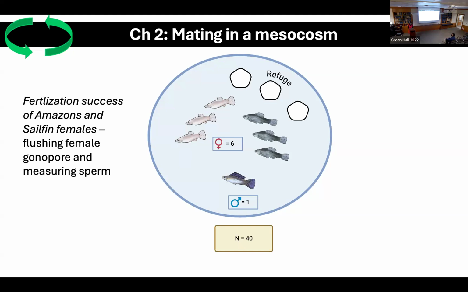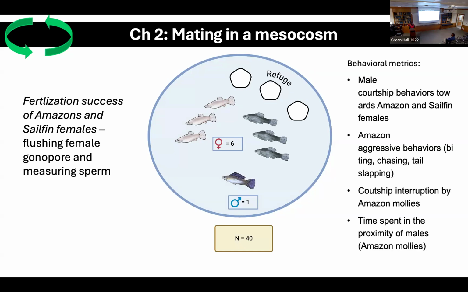I haven't succeeded yet in artificially inseminating a fish, but I'm working on it. This would give me a direct estimate of at least fertilization success, and then hopefully reproductive success, and differences in reproductive success between the sailfin females and the Amazon females.